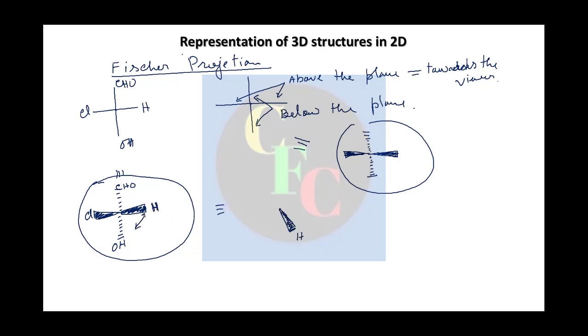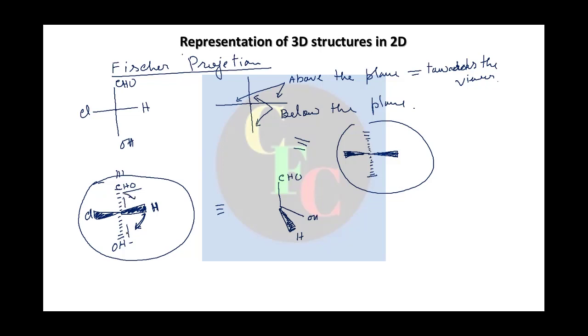Now if you move it in such a way that this hydrogen is still towards you, and you move it at such an angle that these two bonds, the CHO and the OH, now come on the paper, they will also come out.